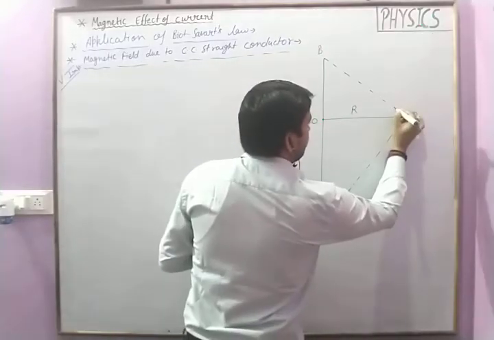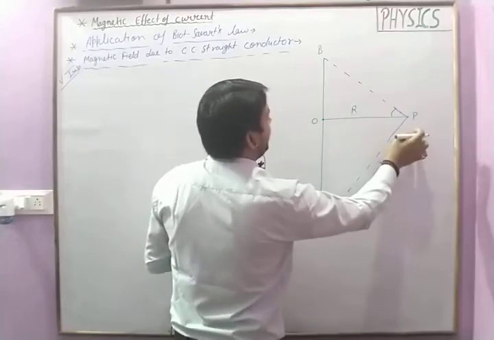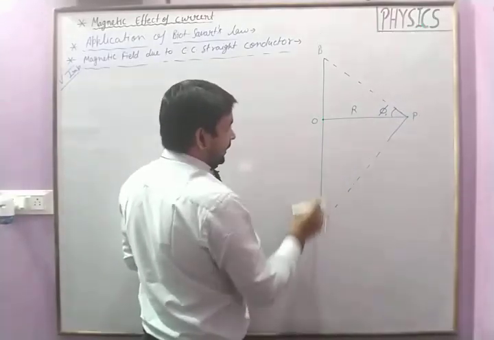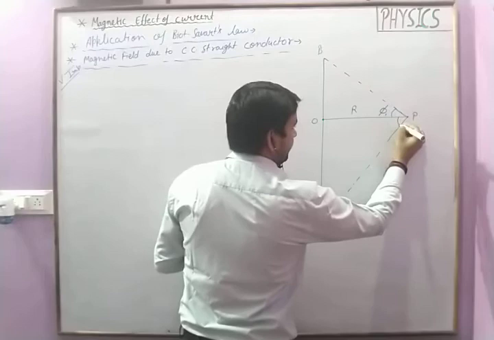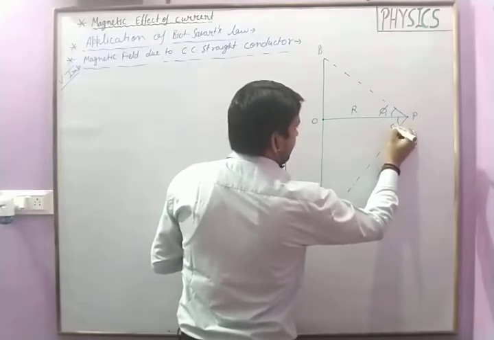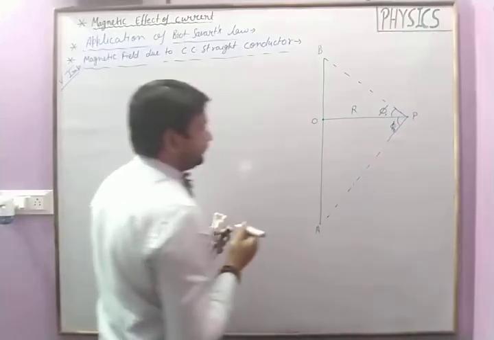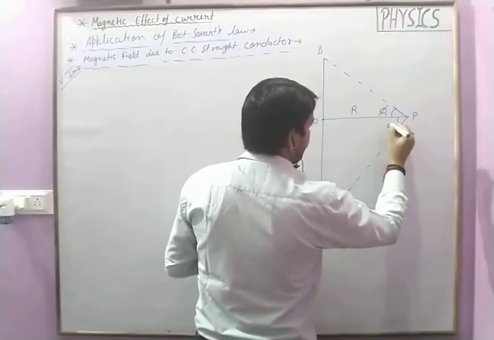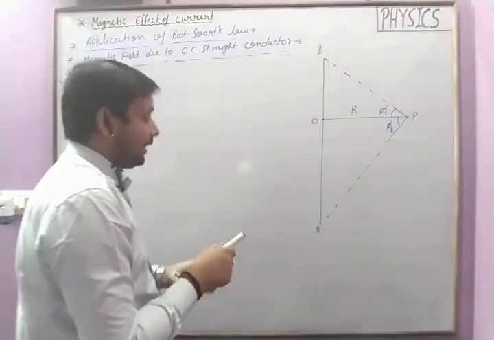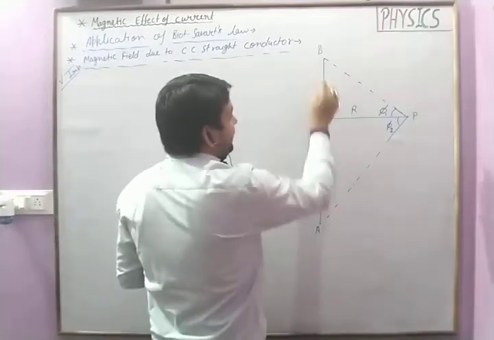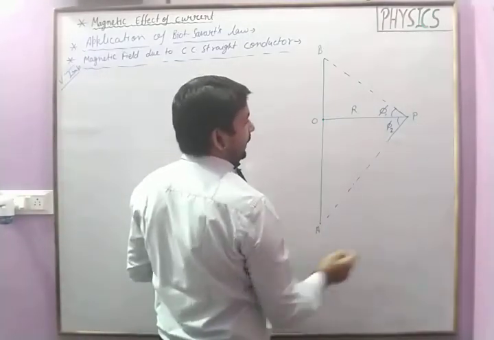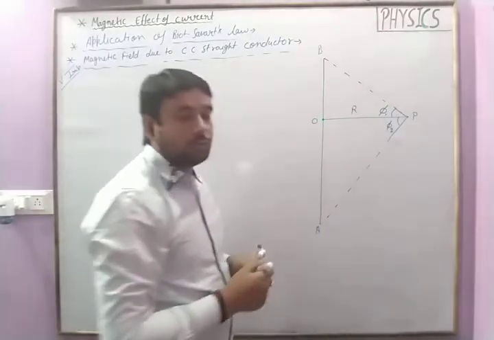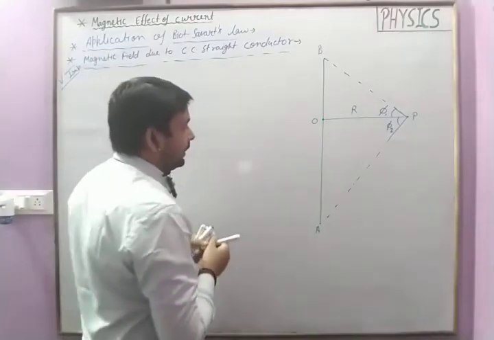So let the angle above the line OP with B is phi 1 and the angle below the line OP is phi 2. Clear? Phi 2. Now, for calculating the magnetic field due to the current wire at P, we cannot calculate directly, so we are taking some help of the current element.